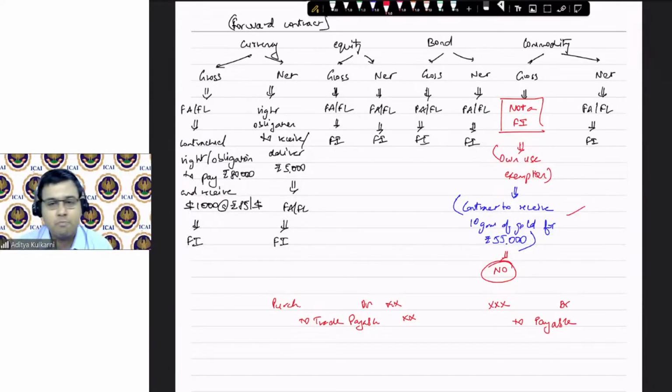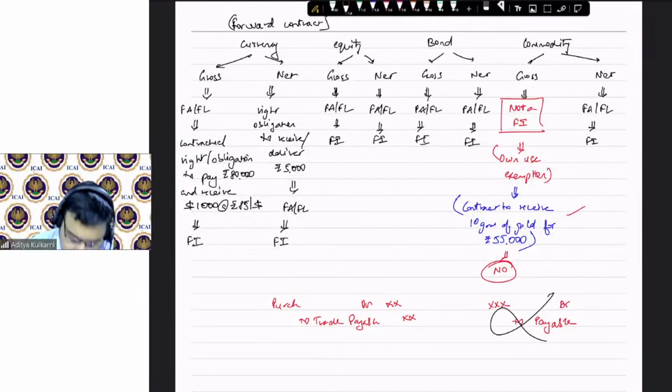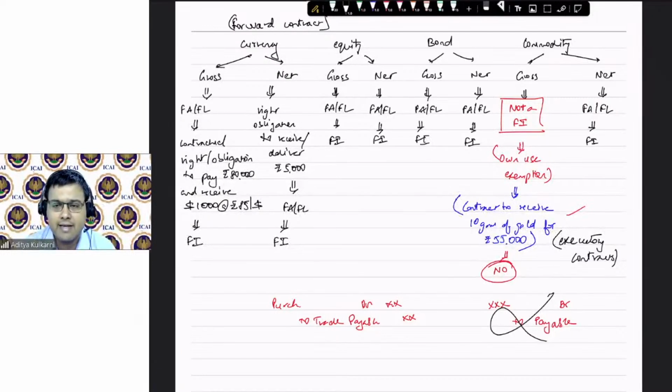There is no corresponding asset and therefore I cannot create this obligation. And therefore these own use exemption contracts are also known as executory contracts. They are yet to be executed.